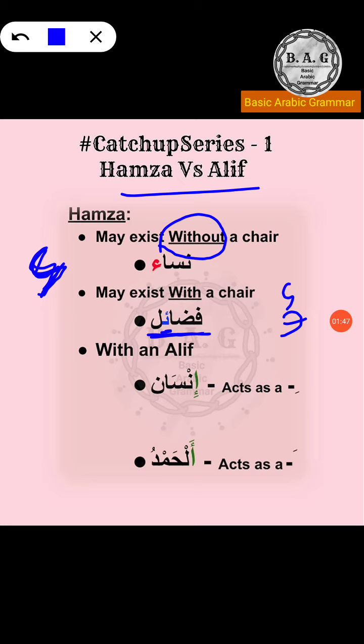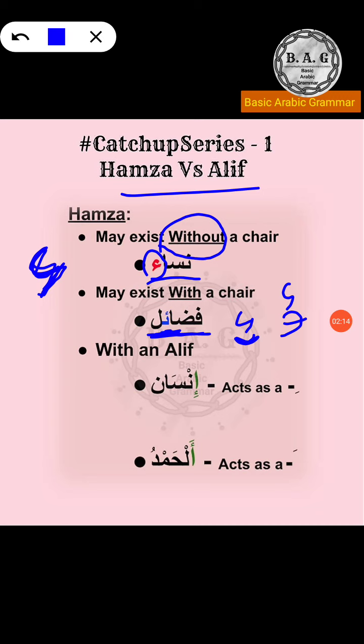There is this little attached form of a letter, and on top of that it's present, on top of that attached form of Hamza. So that's what's going on here. So it may exist with a chair, or without a chair. As you can see in the word nisa'u, here it is existing on its own.